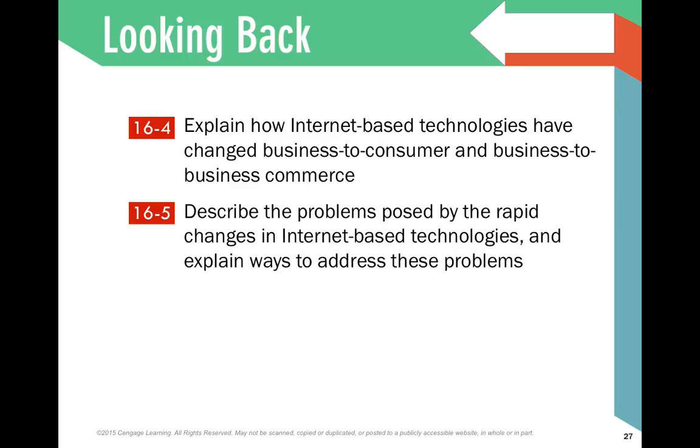I've also explained how the internet based technologies have changed some of the business to consumer and business to business commerce. And finally, I've described some of the problems that are posed by rapid changes in internet based technologies and some of the ways to address these problems. So this ends chapter 16.